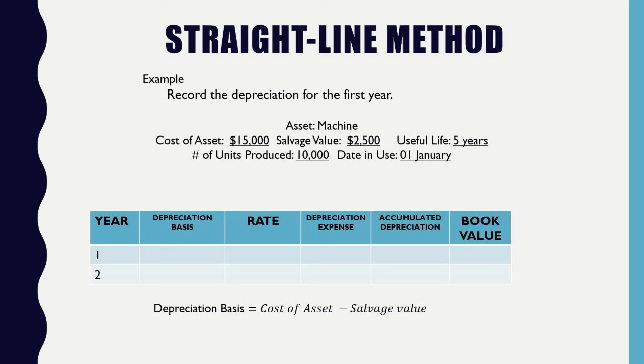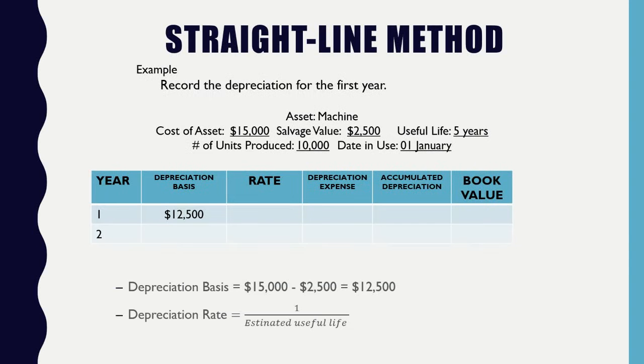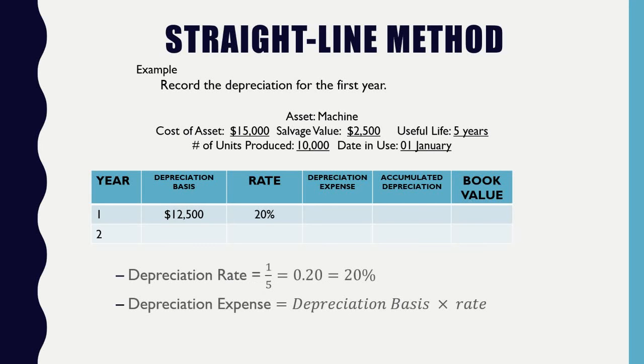So here you go, depreciation basis, which is the asset cost minus salvage value. In this case, it's 15,000 minus 2,500, which gives us a total of 12,500. The rate is going to be 1 over its useful life. So in this case, 1 over 5, 20%.